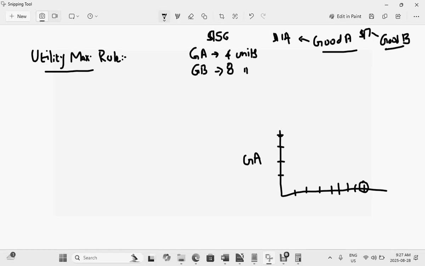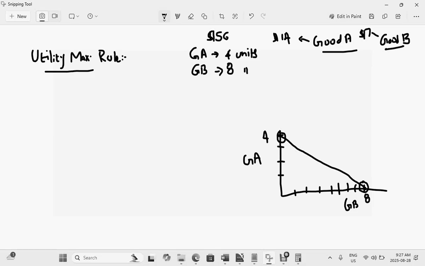Assuming that you can either consume 8 units of good B or 4 units of good A, your budget constraint line will be between these two points, 4 and 8. This is what you will use to figure out the combination of goods for your utility maximization rule.